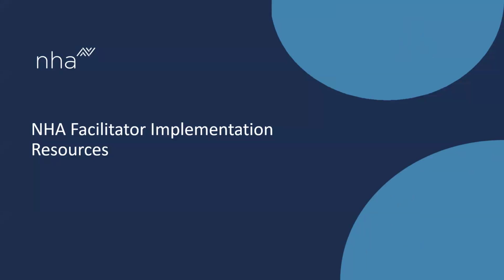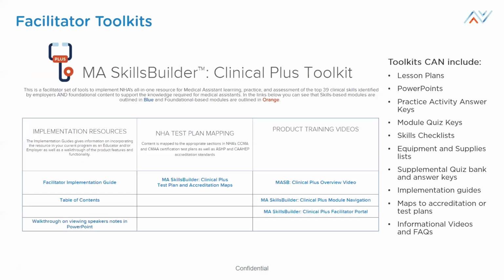And along with all of these tools, let's talk about what is in it for you, right? These come with additional tools to help you implement, which is the focus of our discussion today. So at a super high level, this starts with a facilitator toolkit. These sources of information provide you supplemental tools that an NHA's team of experts have created to help as you implement your program.